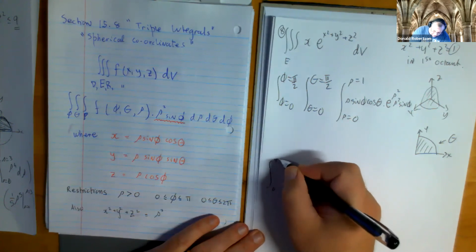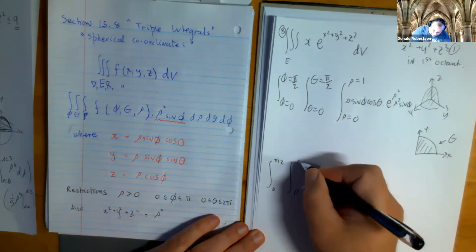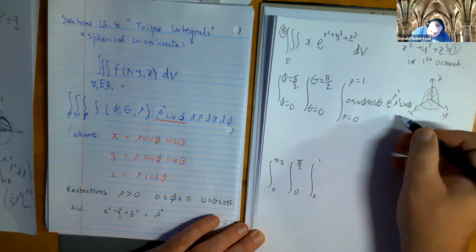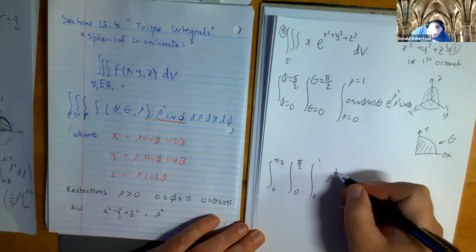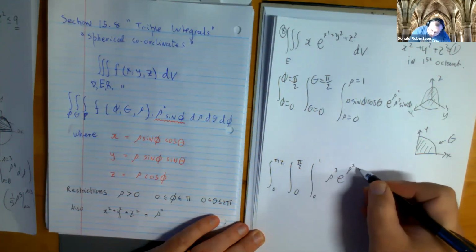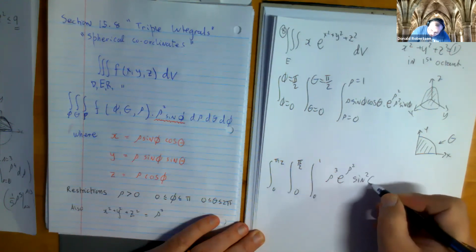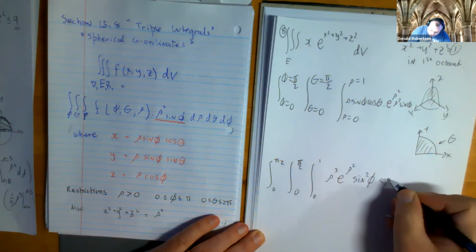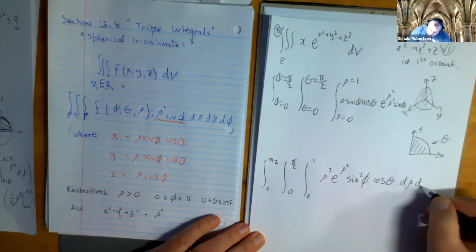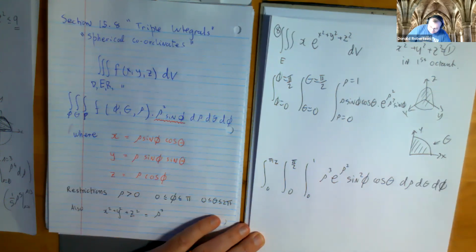So 0 to pi over 2, 0 to pi over 2, 0 to 1, rho cubed, e to the rho squared, sine squared phi, cosine theta, d rho, d theta, d phi.